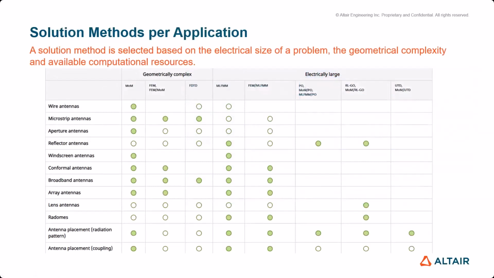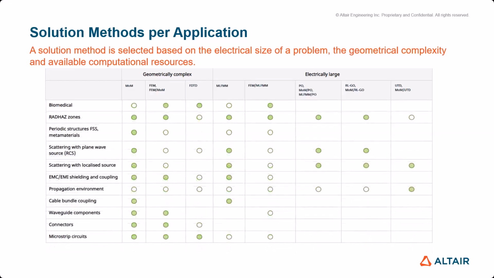If you want more insight on this, if you're just starting off using Feko, or if you're confused as to which solver to use for what kind of applications, you can find all of the information in the Feko user guide. We have given some examples of commonly used antennas, and here you can find which solver method is more appropriate for what kind of problems.